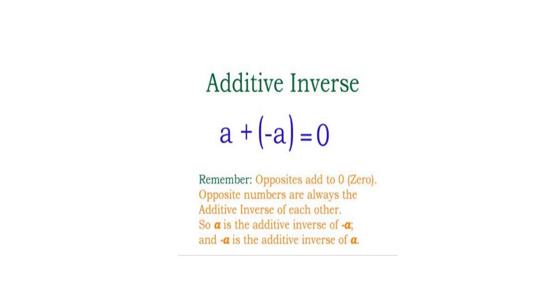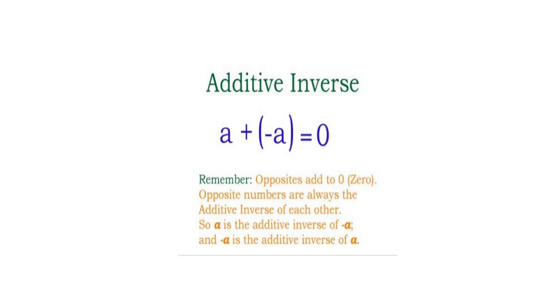So 2 is additive inverse of minus 2, or minus 2 is the additive inverse of plus 2. Remember, opposites add to 0. Opposite numbers are always the additive inverse of each other. So, a is the additive inverse of minus a and minus a is the additive inverse of a.